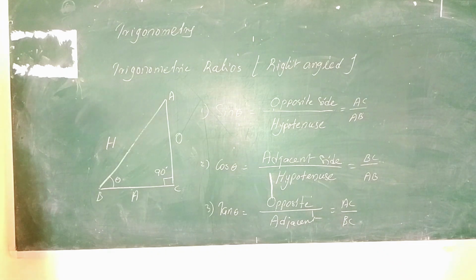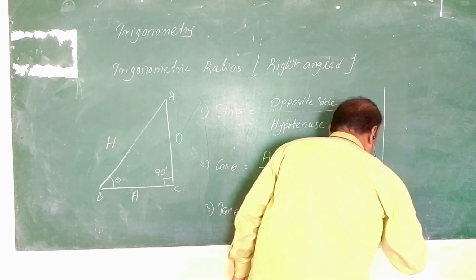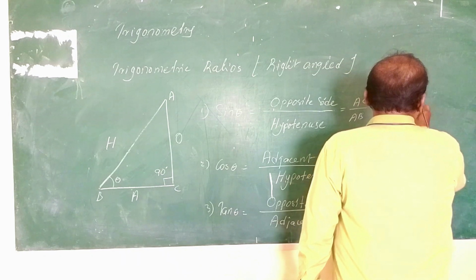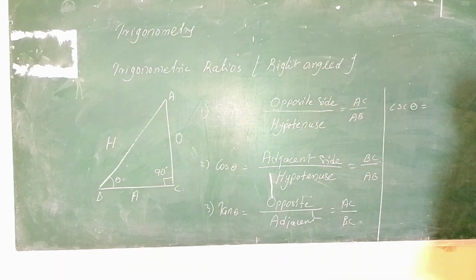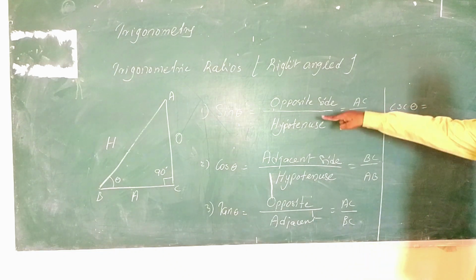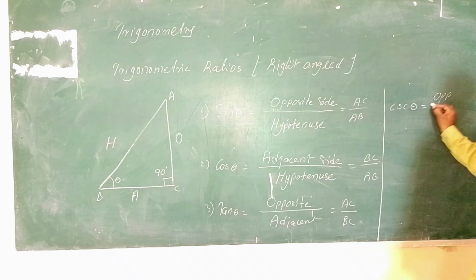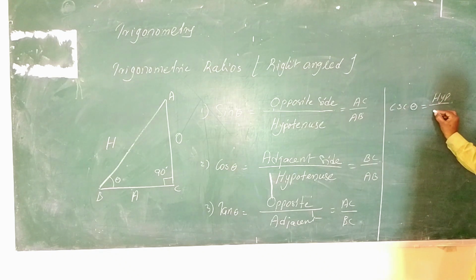The first is cosec theta. It is very simple to define. It is the reciprocal ratio of sine, so instead of opposite side divided by hypotenuse, it is hypotenuse divided by opposite side.